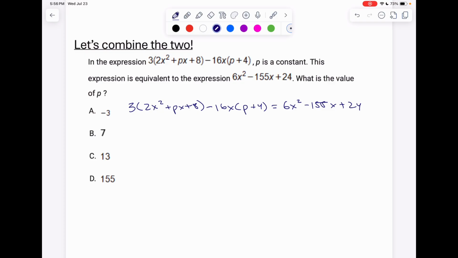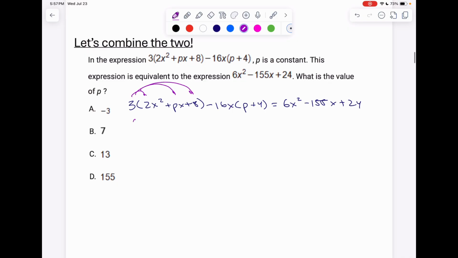So let's see if we can get the left-hand side to look the same first by distributing. We're going to distribute the 3 to everything, and we're going to get 6x squared plus 3px plus 8. Now remember from our math fundamentals discussion that you always put the number first, the constant second, the variable third. This will help you identify like terms even better.